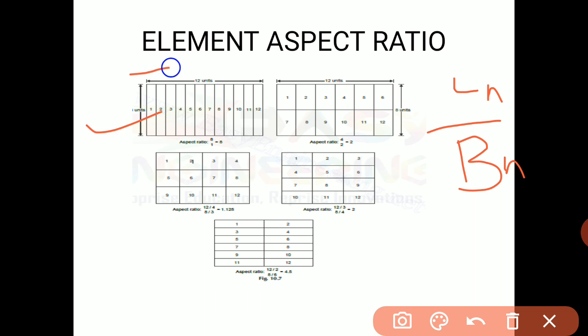Lengthwise we have divided into 12 units or 12 parts. It has a certain unit like meter or foot, so we are considering units here. And widthwise it is divided into 1 unit. So what is the aspect ratio here?